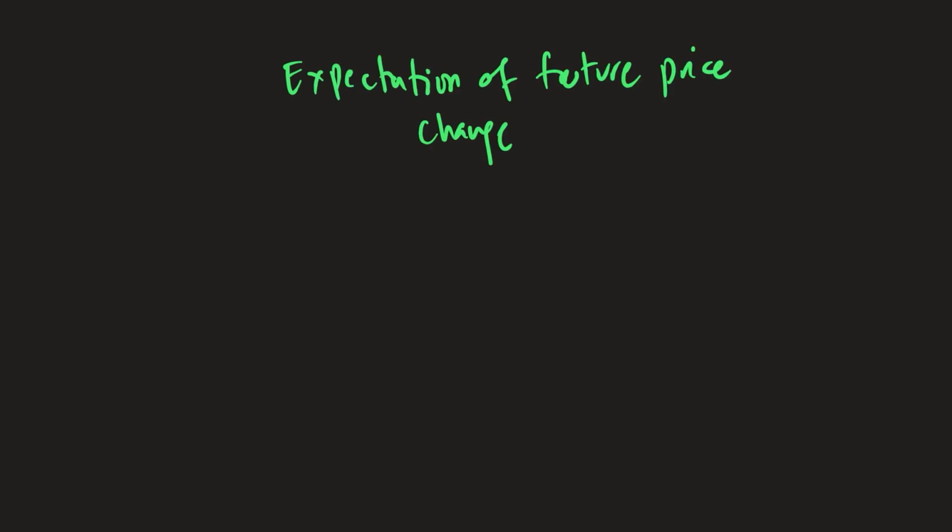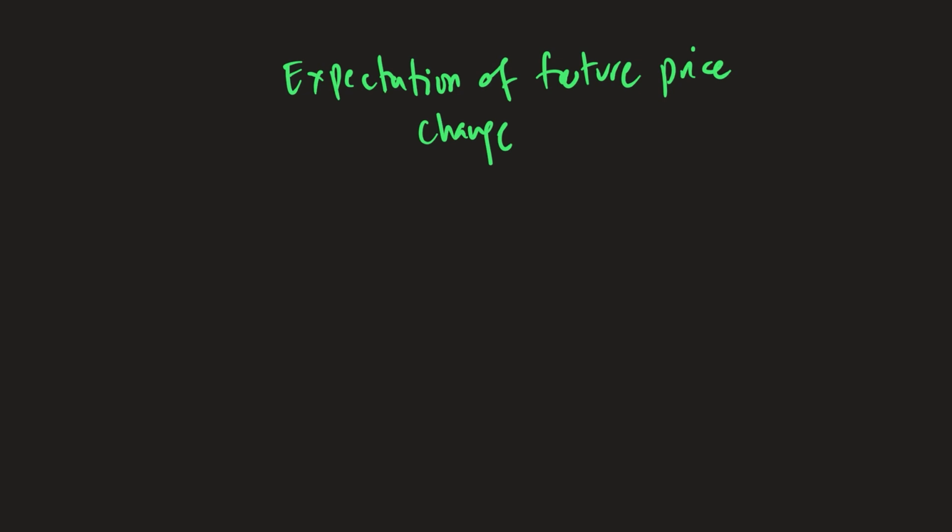Lastly, there is also a factor called expectation of future price change. What do we mean by this? If consumers believe that prices will fall in the future, they're likely to buy more later when the prices fall. And this has been very common with those high tech products.